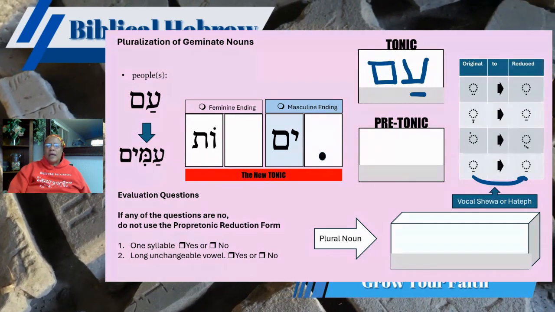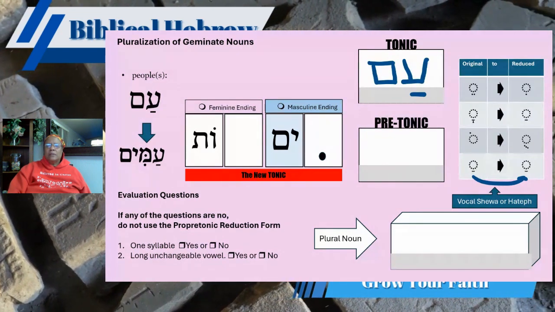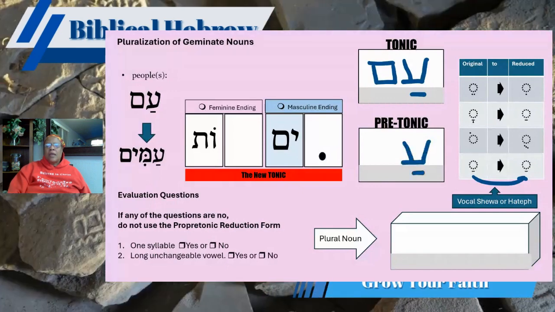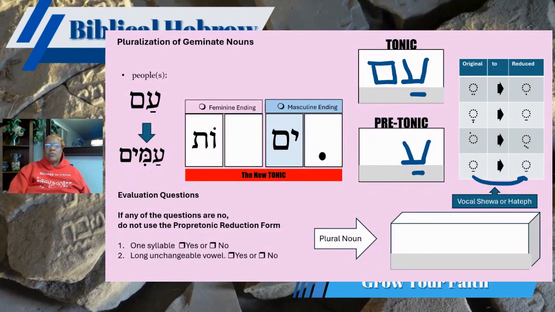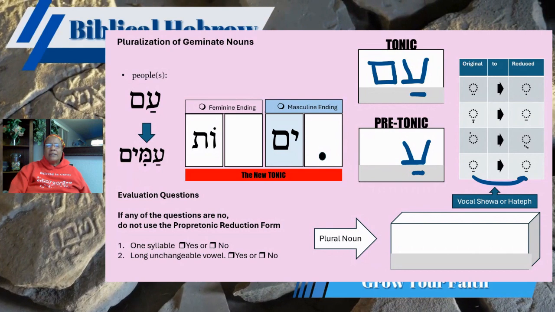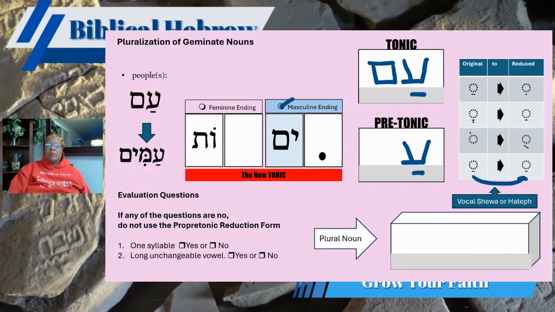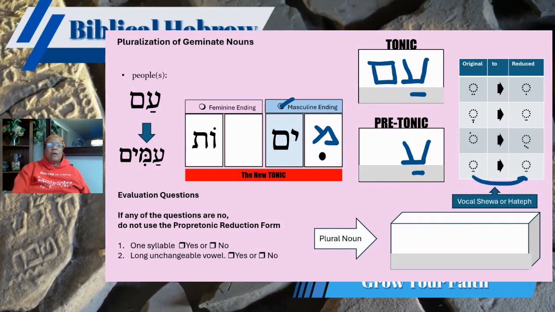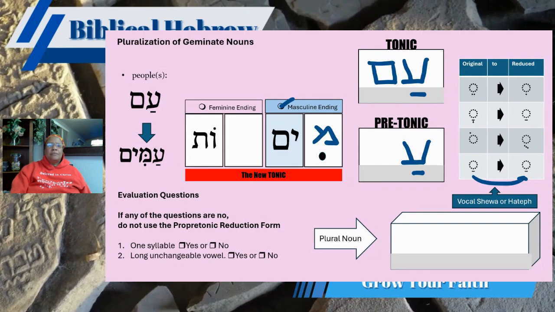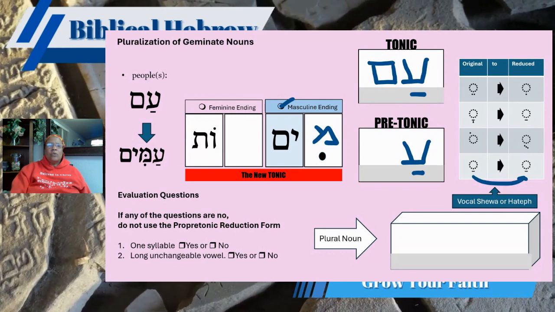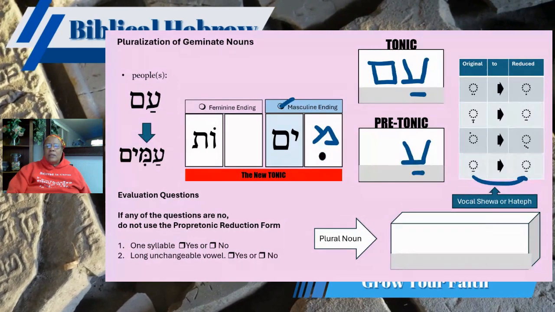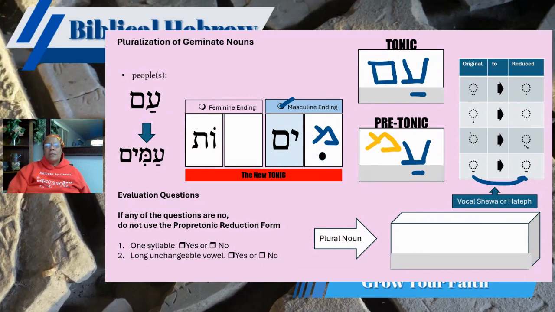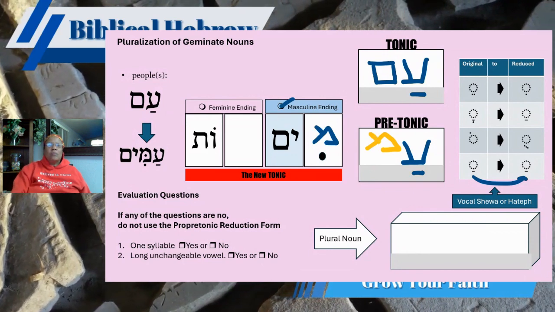Okay, so I'm going to bring down the pretonic. And I am going to move the mem into the masculine ending. And remember, because it is going to be in the middle, right? Now, just to show you, there's a mem here. Okay, we don't write it, but just to show you there's a mem here when you pronounce it.